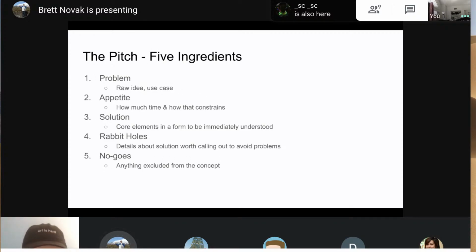There are 5 ingredients of the pitch: the problem, which is the raw idea and the use case; the appetite, how much time we have and how that constrains our solution; the solution, which is the core elements in a form to be immediately understood; rabbit holes, which are details about the solution worth calling out to avoid problems; and no-goes, anything excluded from the concept.